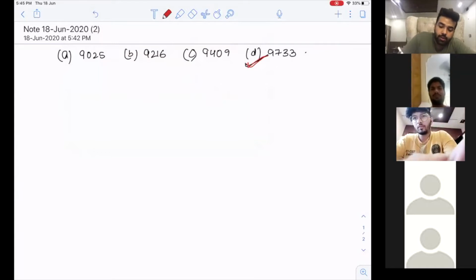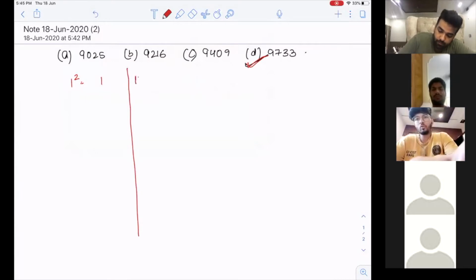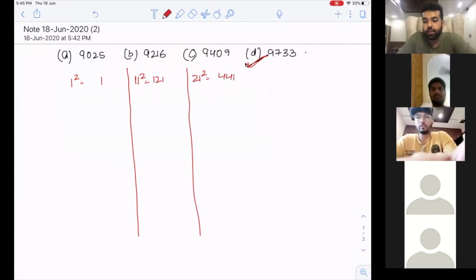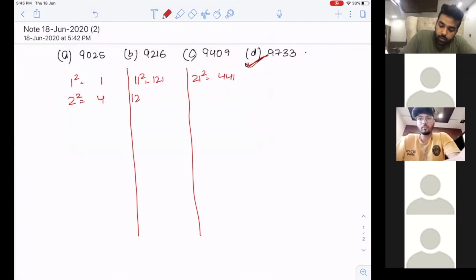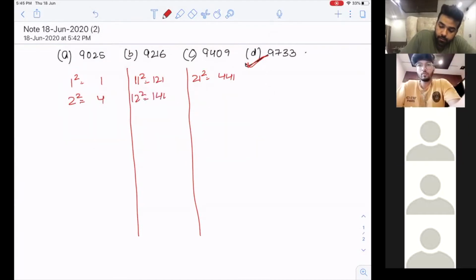Absolutely correct. What is 1 square? 1. Similarly, 11 square? 121. 21 square? 441. Is it clear? Now let's start. 2 square? 4. 12 square? 144. 22 square?